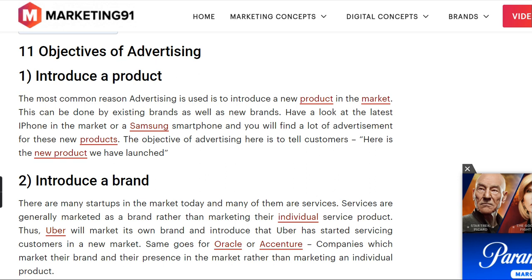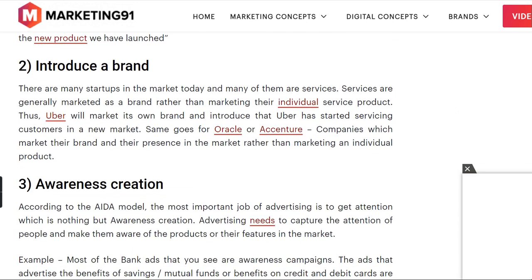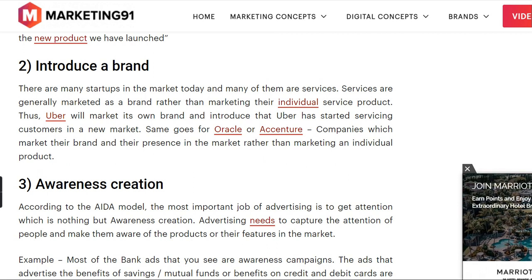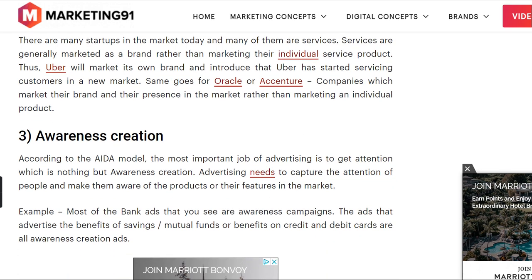Advertising is probably the most popular way to introduce a new product. All right. By the same token, you go down to number two, introducing a brand. Okay. It's not just a product, but it's a specific brand. Advertisements can be used and are very effective in introducing a new brand to the market.